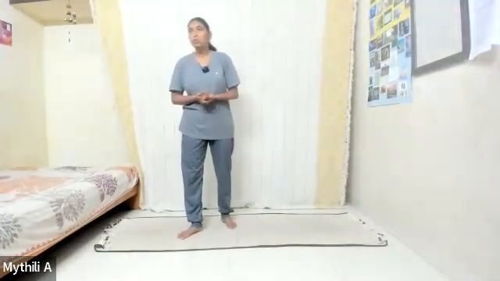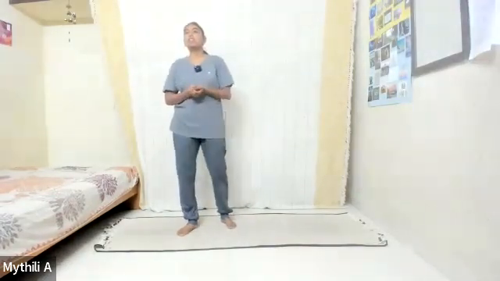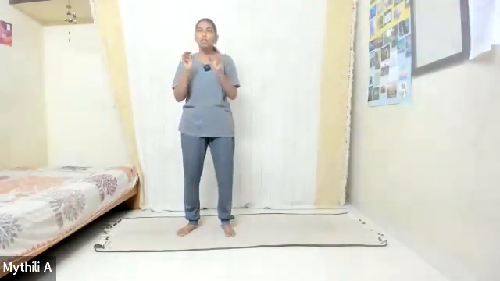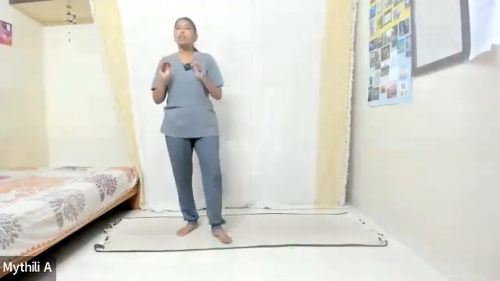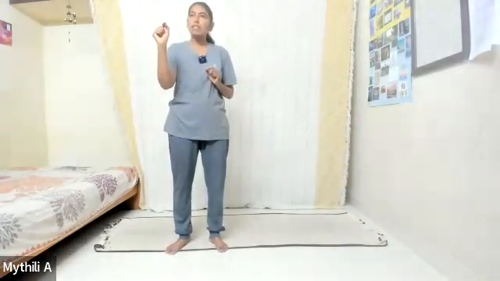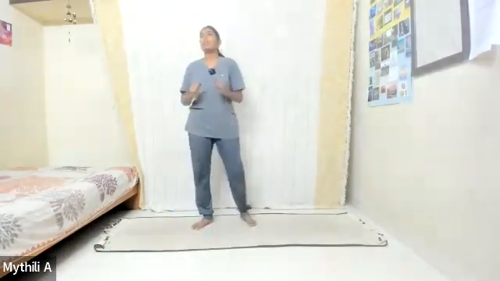Where is it produced? Okay, see friends, we have lots of lymph nodes. What do you mean by lymph node? Lymph nodes are nothing but small masses of muscles, little masses of muscles. So where are they located?